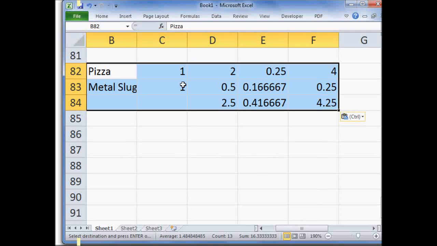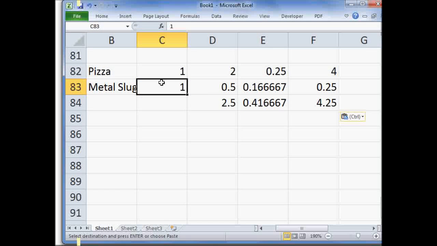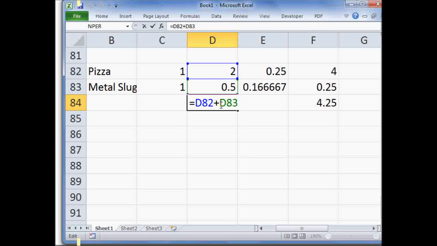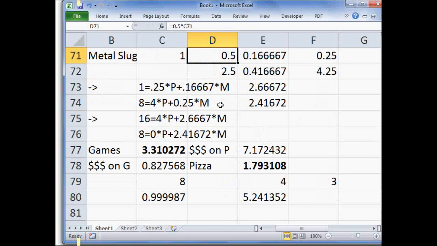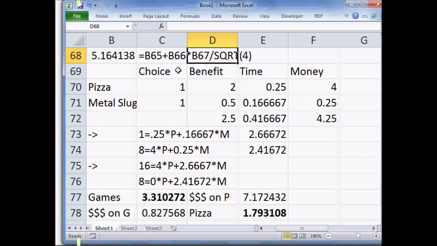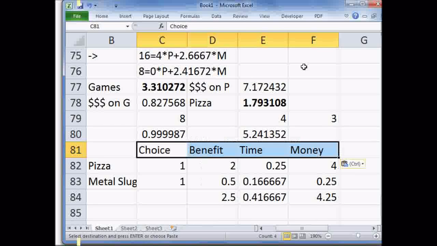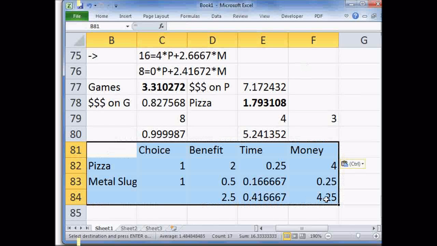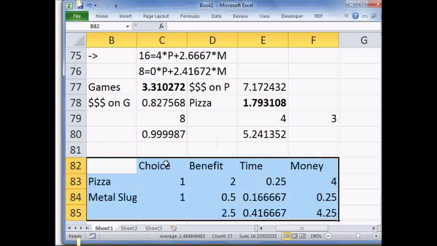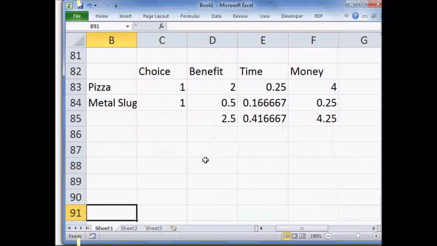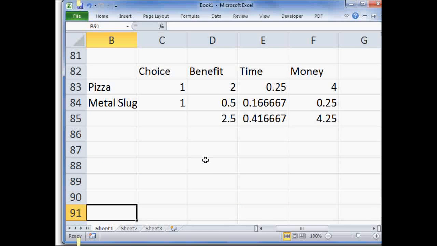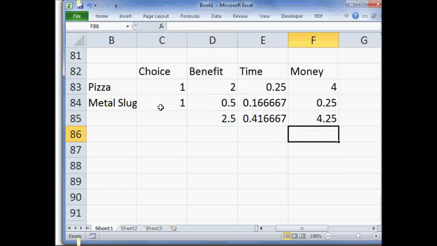I have these two, this is my choice value, and that is going to produce the number of... I forgot to copy my labels here. Okay. So this is our choice. This is the benefit. This is the total benefit we get given that choice.